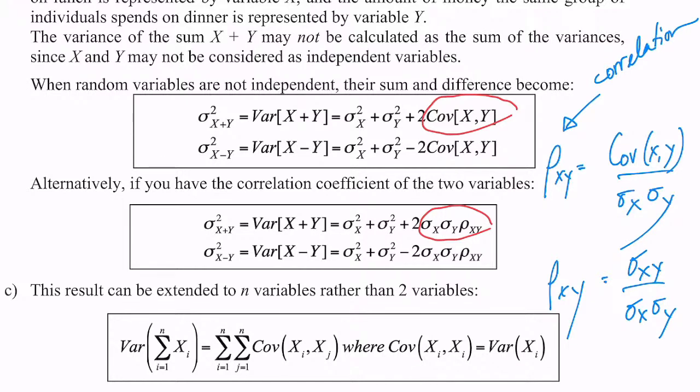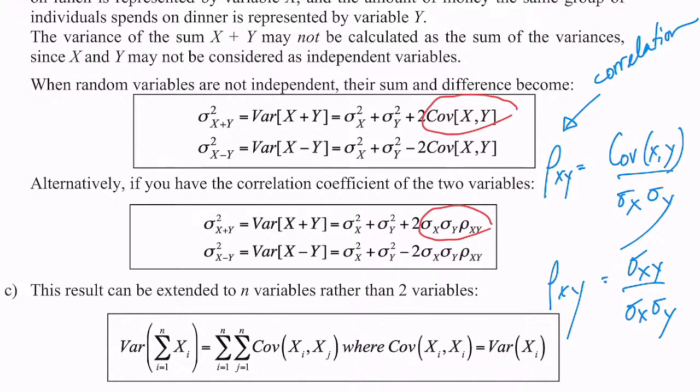Okay, so if I had information on the correlation, I would use this formula. If I have information on the covariance, I use this formula. So these are just replications, just repeats. And this result just says, just make the matrix. To find the variance of a sum of several random variables, you need to make the matrix and consider all the covariances and sum all of those together.